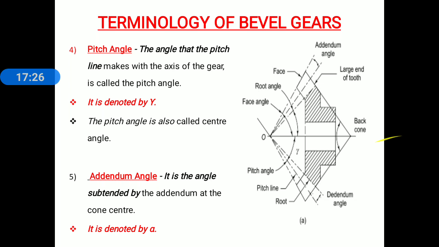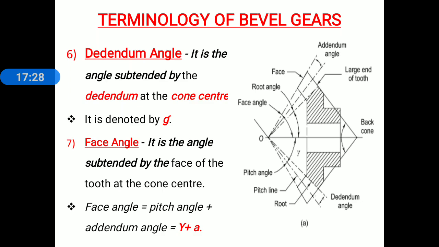Sixth, dedendum angle. It is the angle subtended by the dedendum at the cone center, and it is denoted by letter delta.